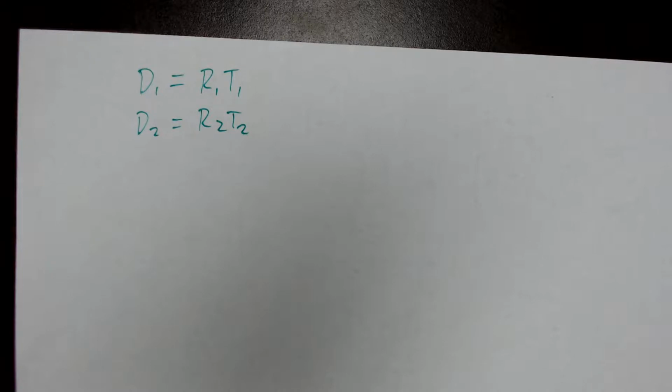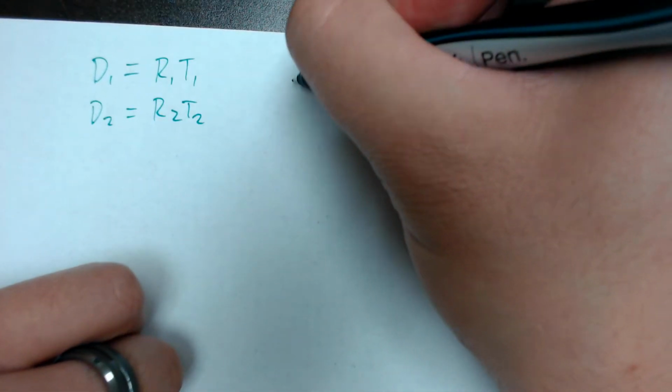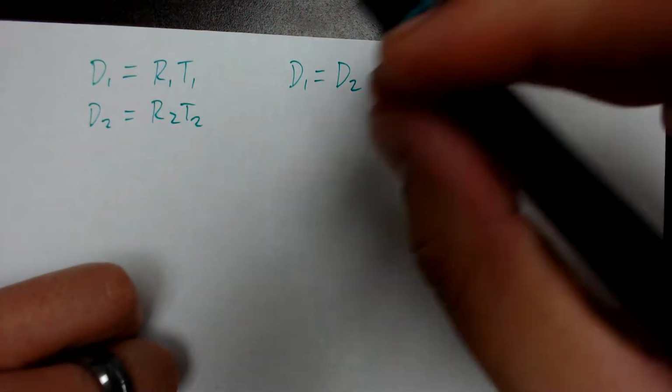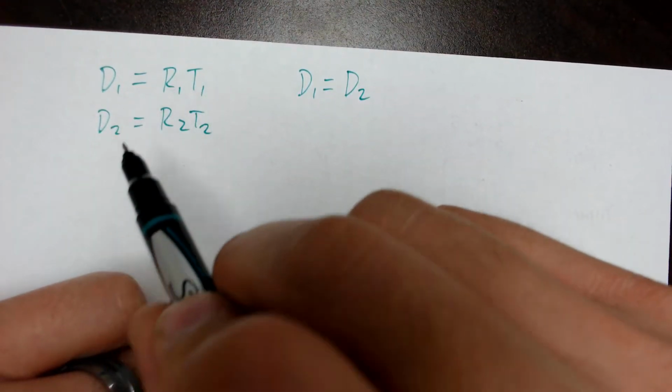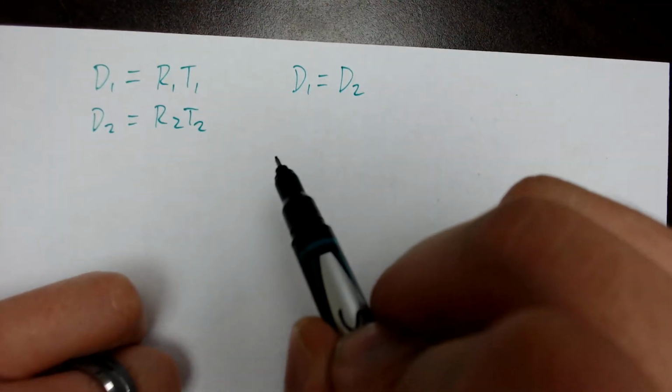In equal distances problems, they will tell us that distance 1 is equal to distance 2. What this does is mean we don't have to use those two equations. We can set the rate and time equal to each other.